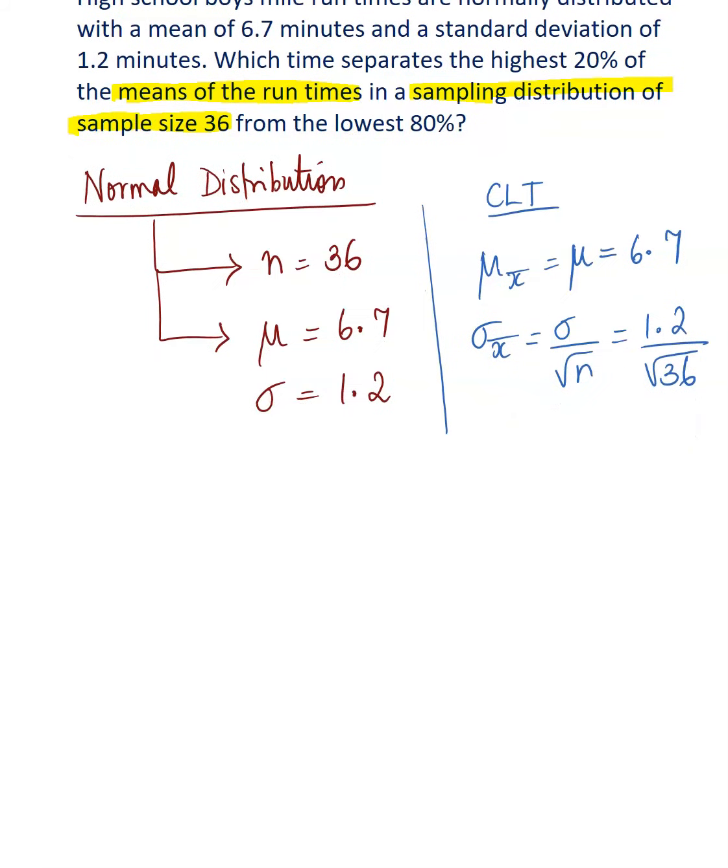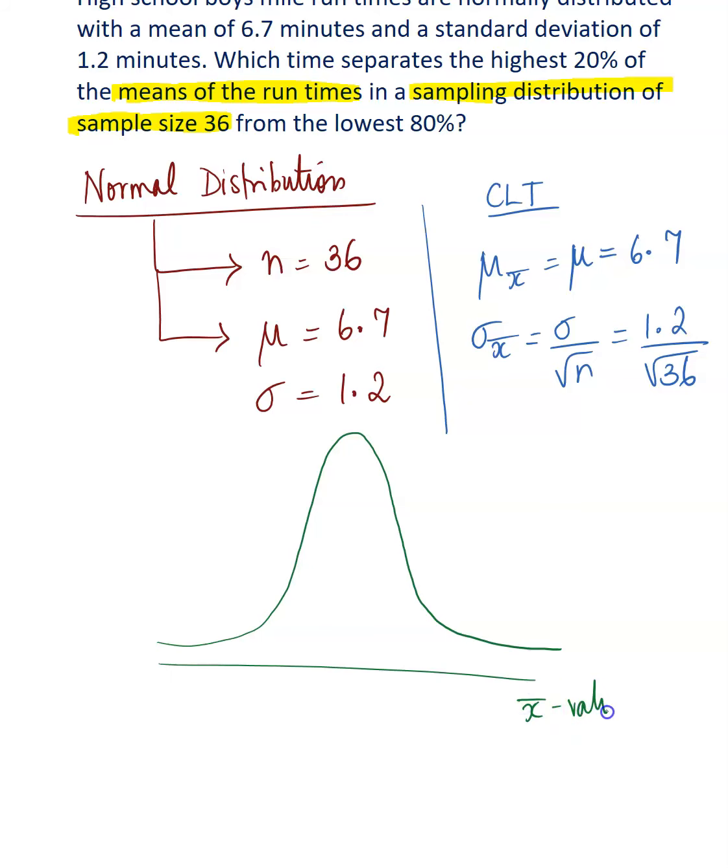And now we'll draw the graph. This is x bar values, that's your x-axis. Mu x bar, sigma x bar. That's your mean. The question asks what mean time, basically, so what will be the x bar value that separates the lowest 80% from the highest 20%? It's like this division point.